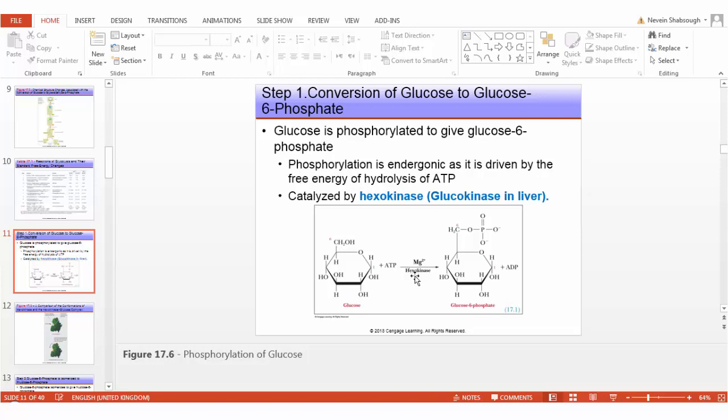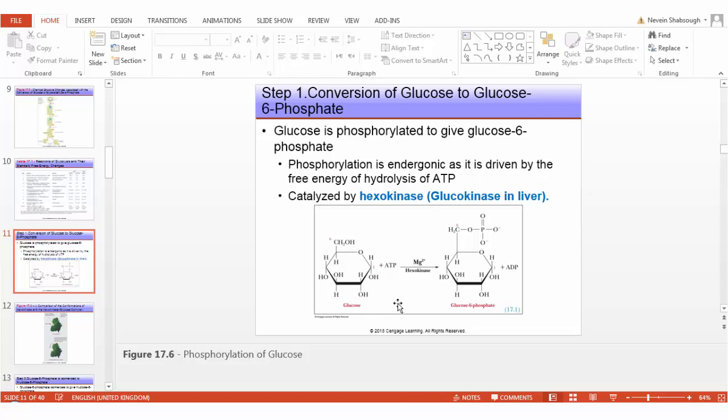The enzyme hexokinase has an isoform called glucokinase in the liver. So all cells contain hexokinase, but liver cells have glucokinase, and it is specific for glucose. Here we talk about the substrate glucose, but hexokinase might use other hexoses such as mannose and galactose.